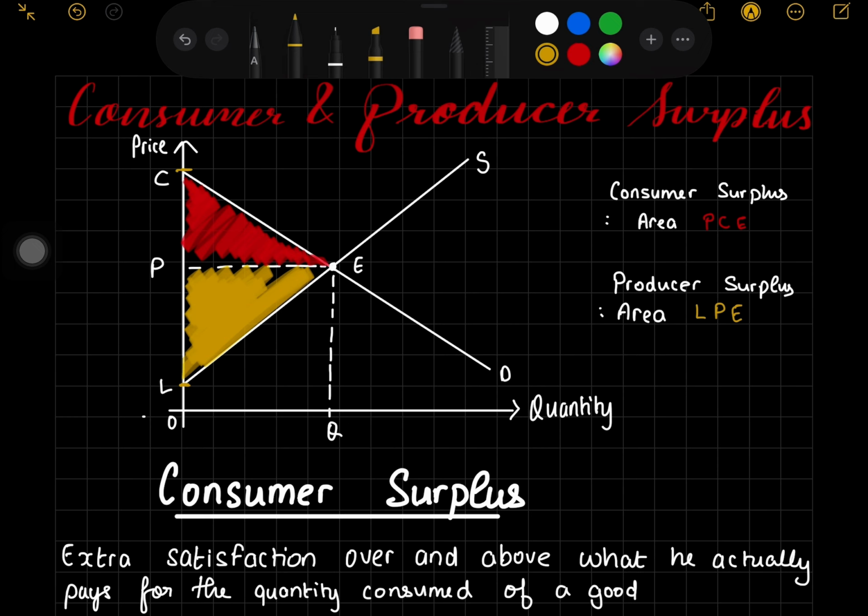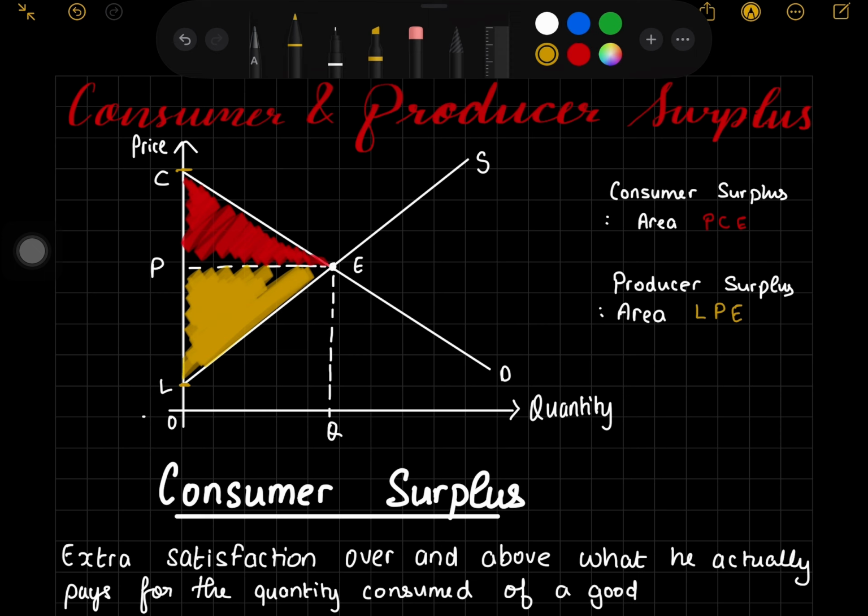Yes, I think it's unit 3. So there you're going to see what will be the impact of maximum price control and minimum price control on both the consumer and producer surplus. This can come as a form of analysis, even as a form of evaluation.